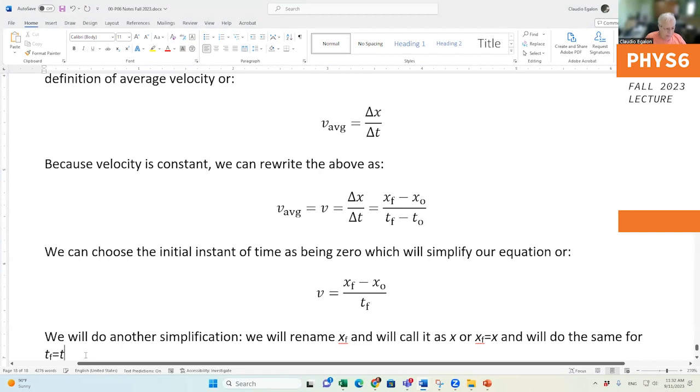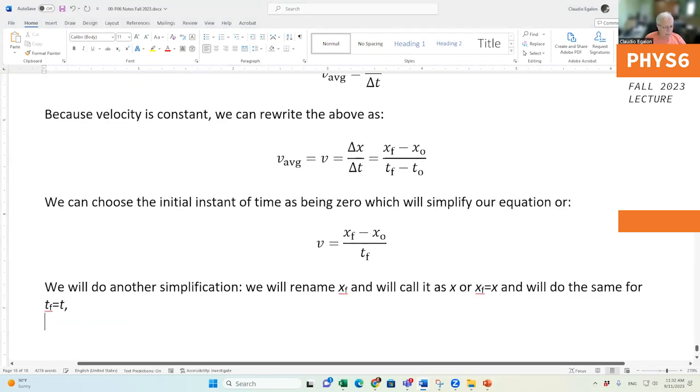Consider x and t as though they are just a nickname for the variables.